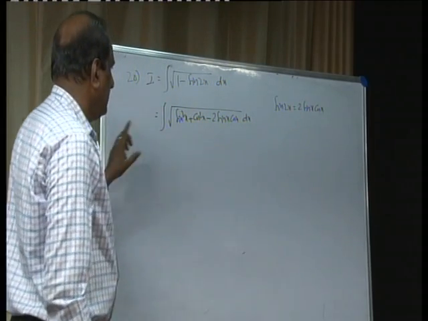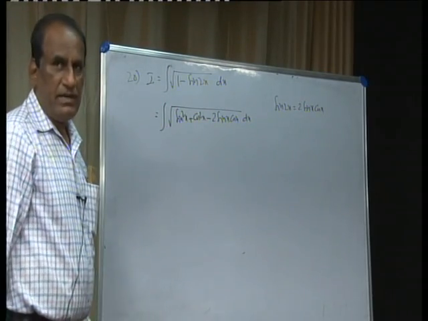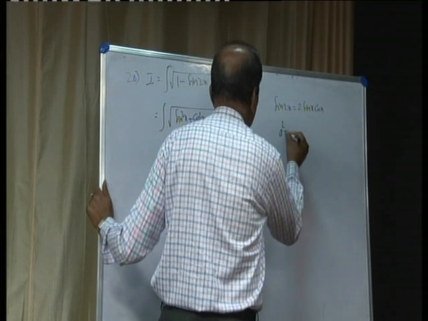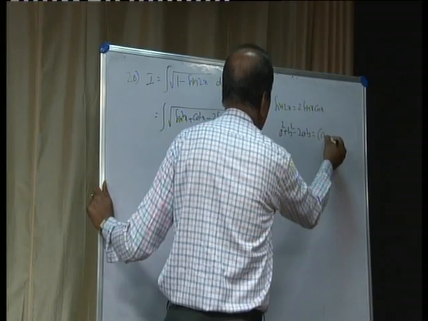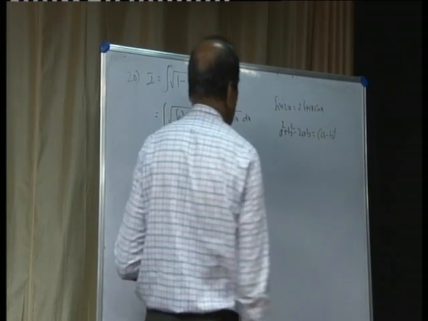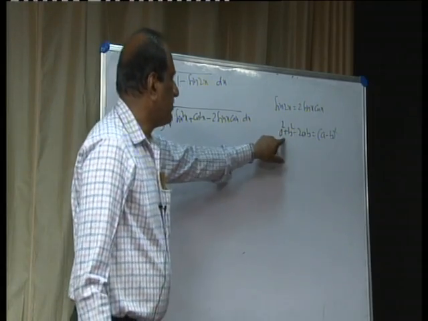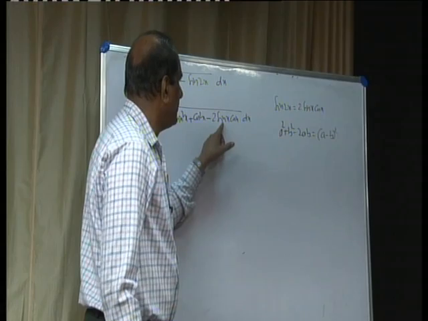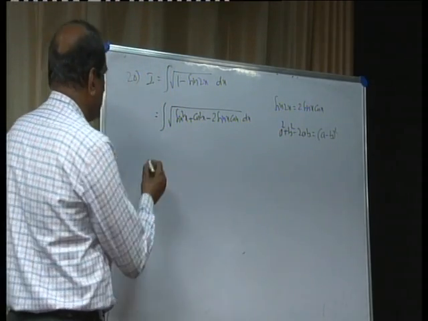Now, this is exactly in the form a square plus b square minus 2ab, that is nothing but (a minus b) whole square. A is sin x, b is cos x. A square is sin square x, b square is cos square x, minus 2 into a, which is sin x, into b, which is cos x, that is minus 2 sin x cos x.